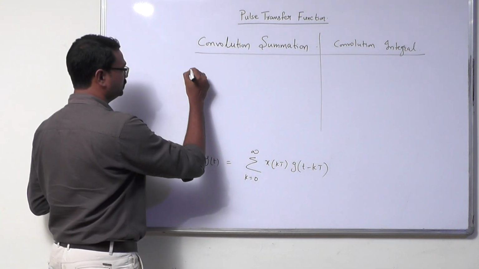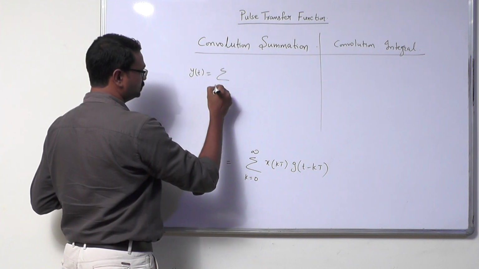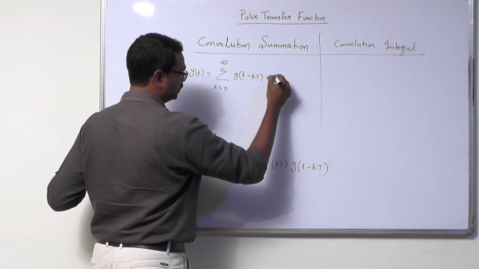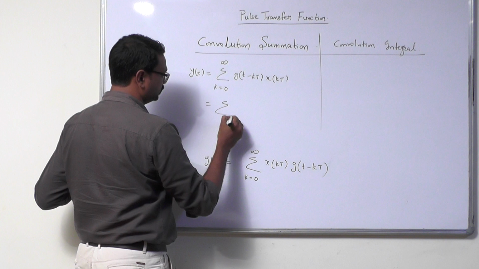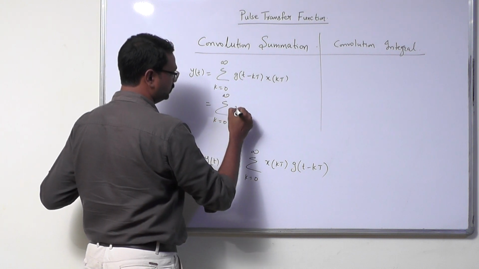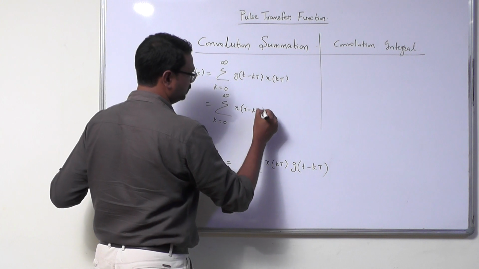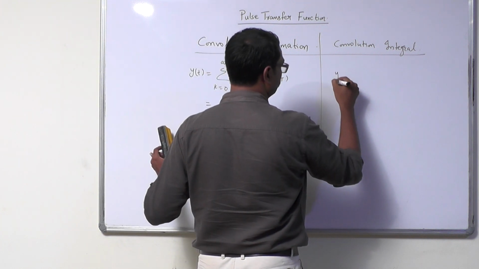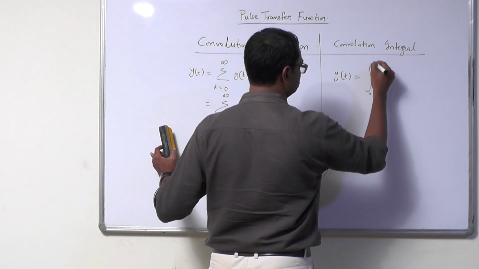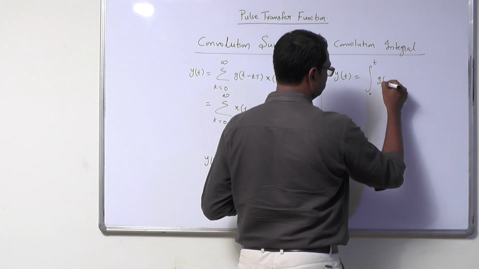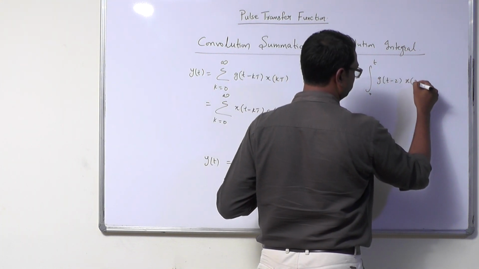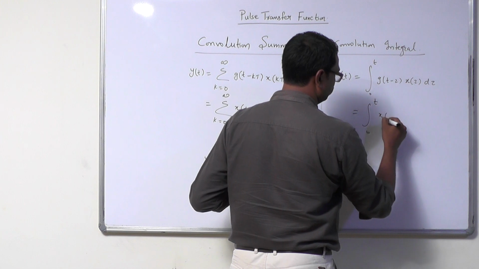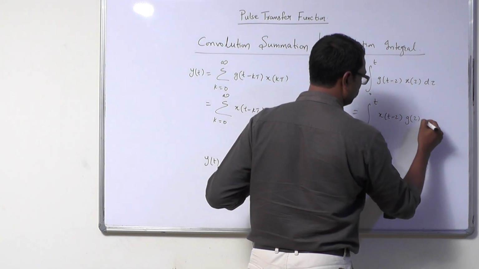For convolution summation, you are having the relationship y of t is equal to sigma k is 0 to infinity g of t minus kt x of kt, or you can also write it as sigma k is from 0 to infinity x of t minus kt g of kt, and for convolution integral you can write that is integral 0 to t g of t minus tau x of tau d tau, or integral 0 to t x of t minus tau g of tau d tau.